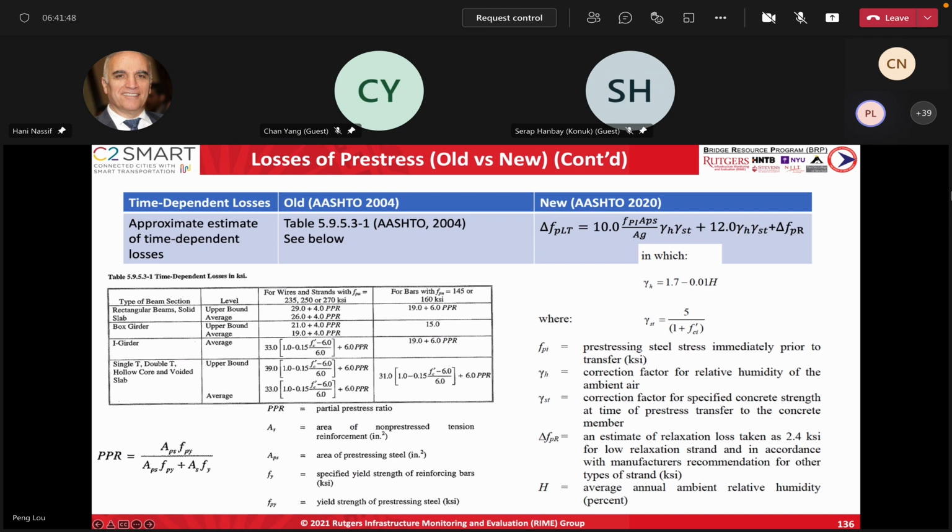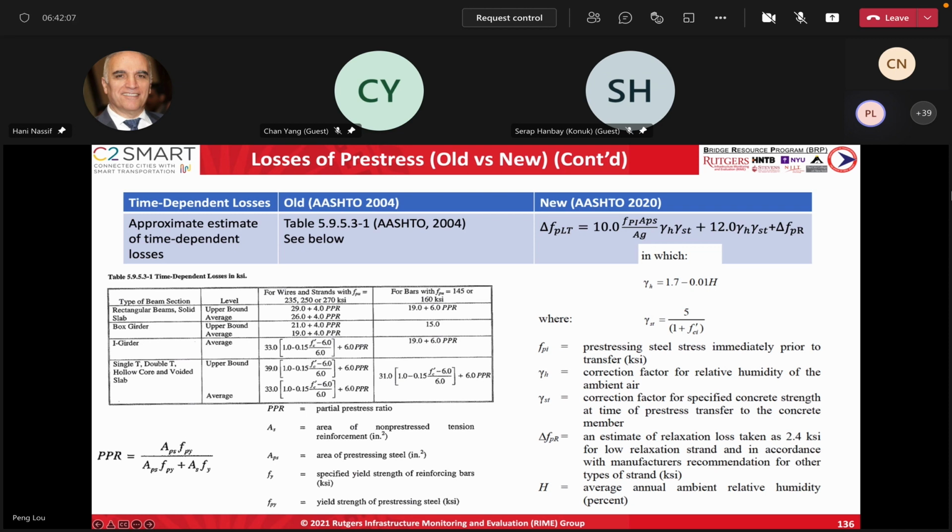While in the new code, after a lot of testing, this is a major change they're proposing. They correct these losses with correction factors, for example to account for the humidity of the ambient air.